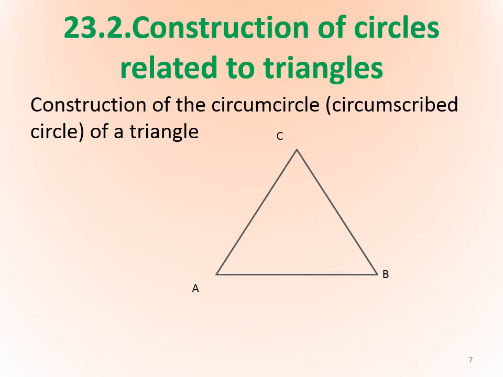First, I'll draw the perpendicular bisector of AC. How will you draw the perpendicular bisector of AC? On the pair of compasses, take a length which is a little more than half the length of AC and taking A and C as the centers and the length on the pair of compasses as the radius, draw two arcs which intersect each other.